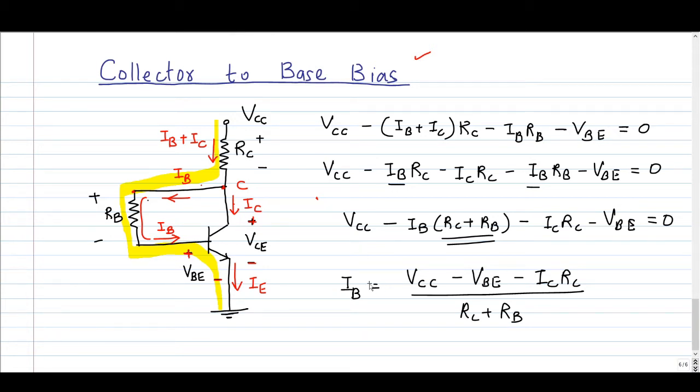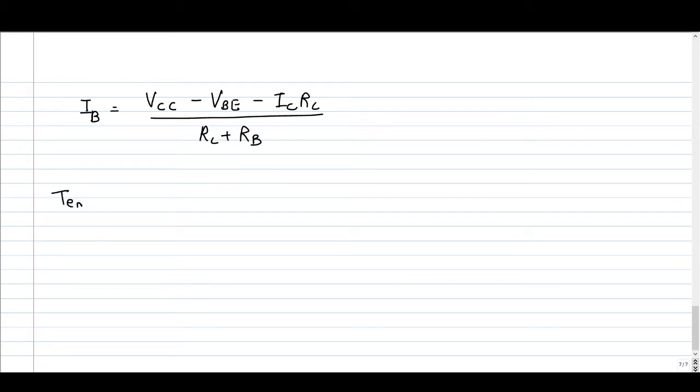So let me copy this expression. Suppose temperature is increasing. So what happens? When temperature increases, minority carriers increase, so the reverse leakage current ICBO will increase.